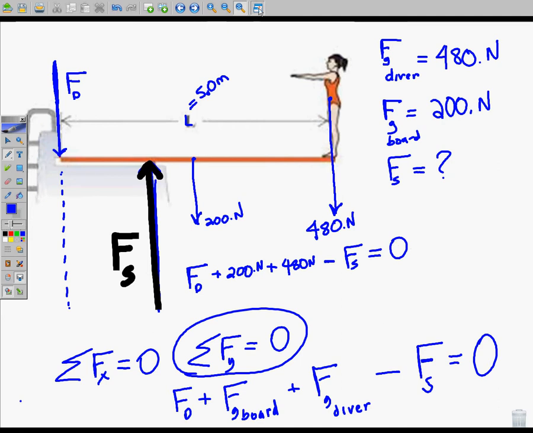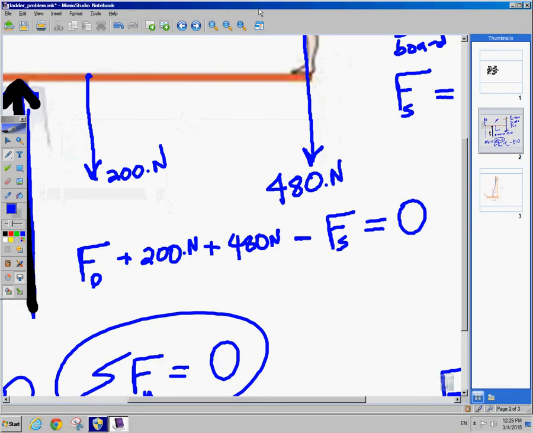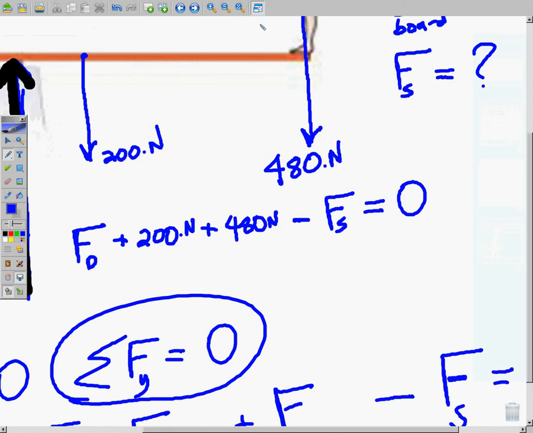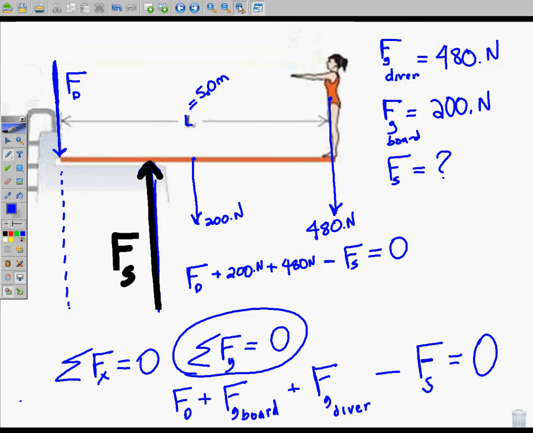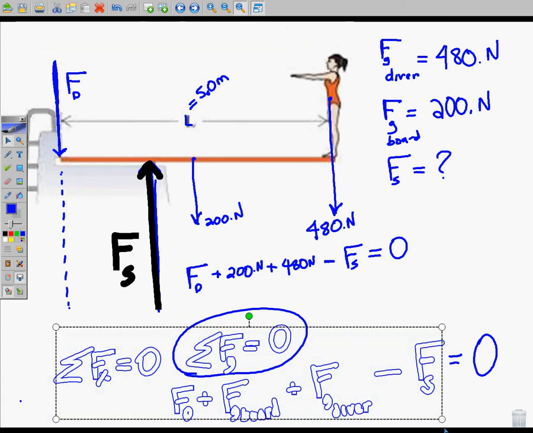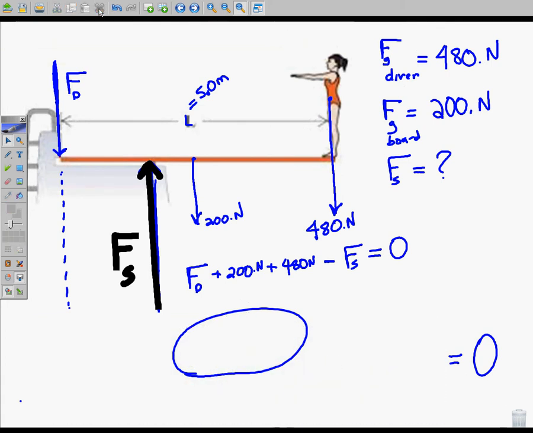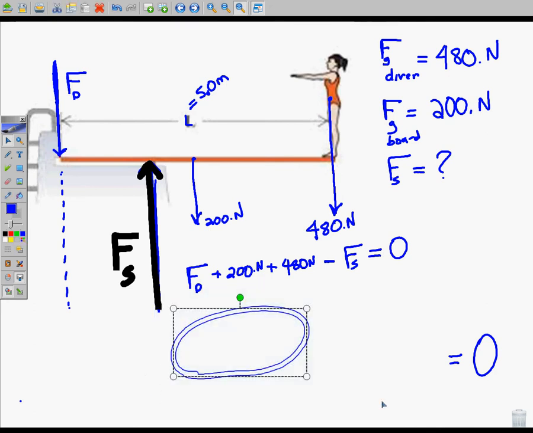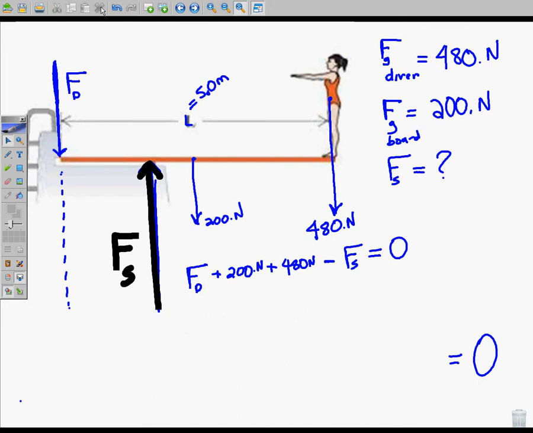Add FS, right? That's pretty cool. All right.